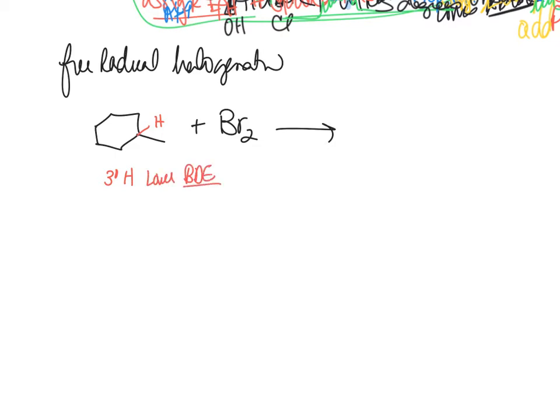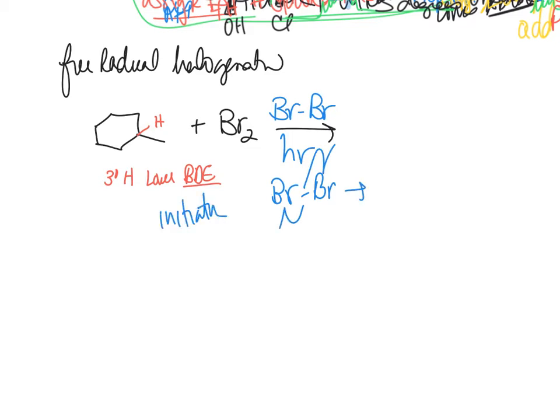Do you remember the BDE table? So that's the one, and bromine is selective, so you're going to have a little bit of light here, and so the bromine cleaves homolytically. This is called your initiation step, and you get 2 bromine radicals.